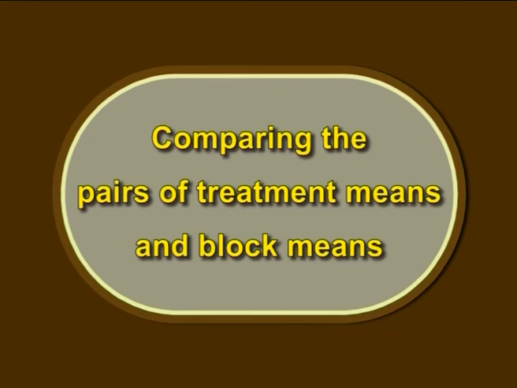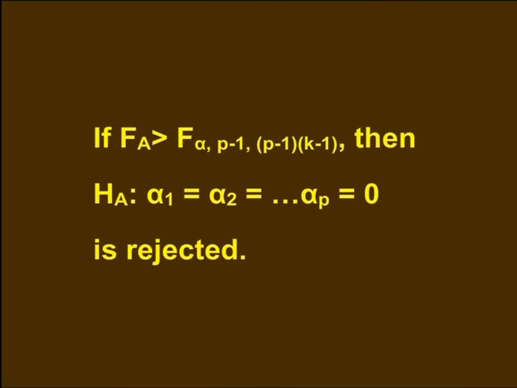Comparing the pairs of treatment means and block means. If we reject HA, that is if FA is greater than F alpha, p minus 1, p minus 1 k minus 1, then HA, that is alpha 1 is equal to alpha 2 and so on, equal to alpha p is equal to 0, is rejected.